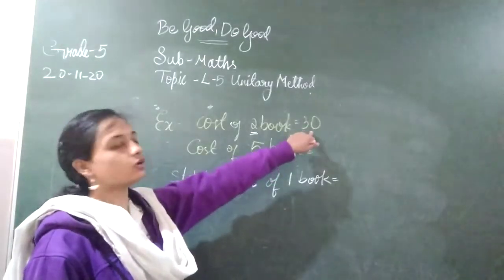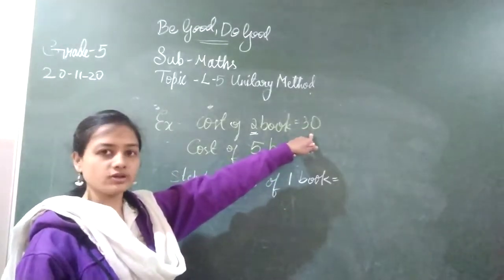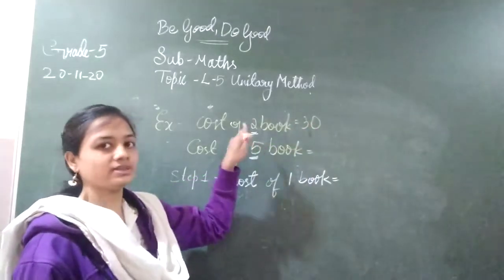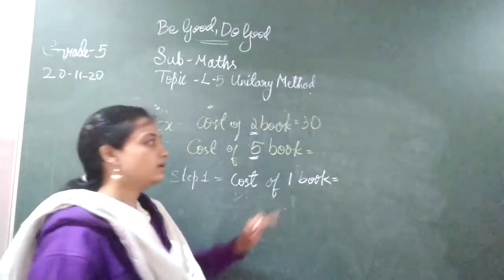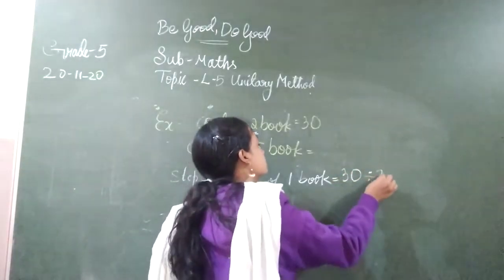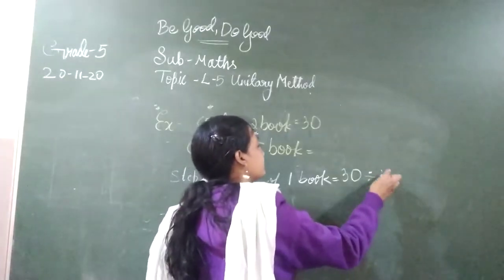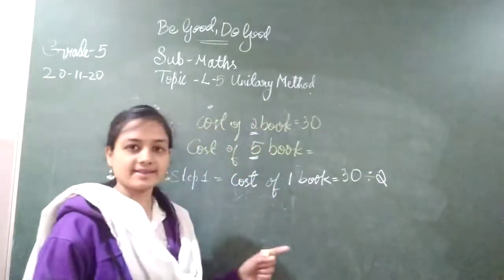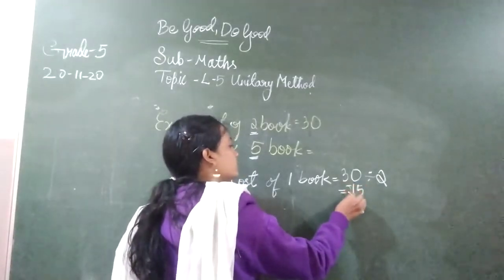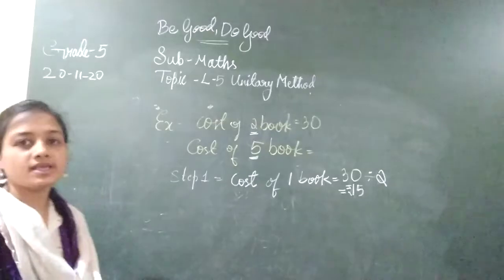We already have the cost of 2 books here. So what we do is, we divide this cost by the number of books, then we get the cost of one book. So I do 30 divided by 2. What is the answer I get? The answer I get is 15. So the cost of one book will be 15 rupees.